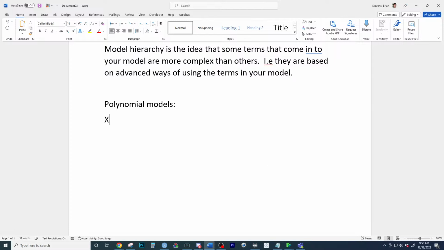What is most complex right here? X to the 6th power or X? What is more complex? X to the 6th power or X?